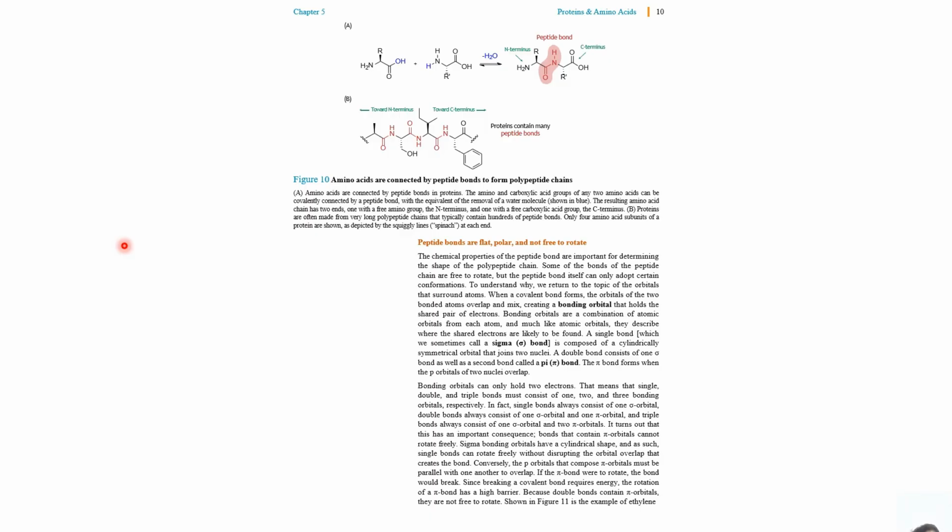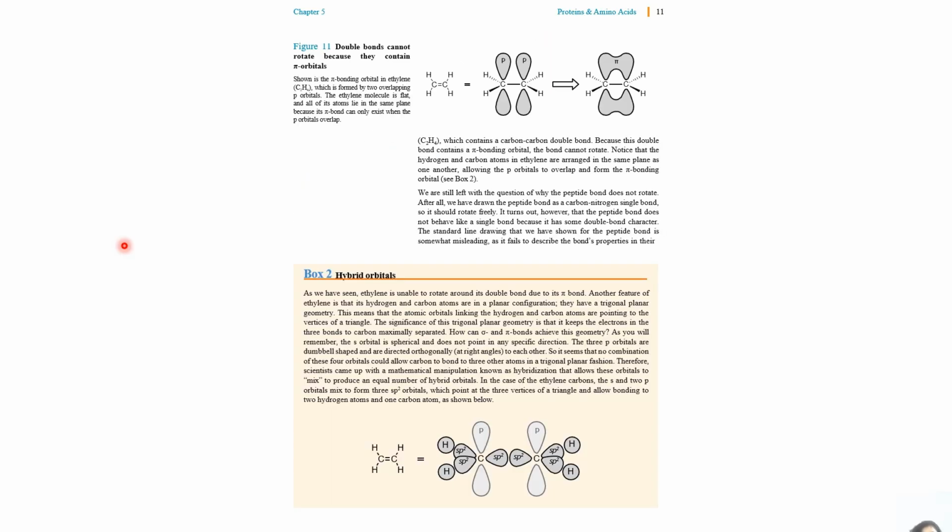A single bond, sometimes called a sigma bond, is composed of a cylindrically symmetrical orbital that joins two nuclei. A double bond consists of one sigma bond as well as a second bond called the pi bond. The pi bond forms when the p orbitals of two nuclei overlap.